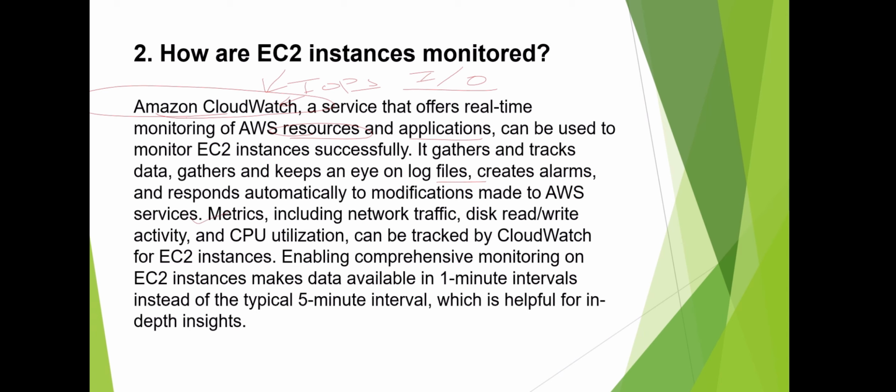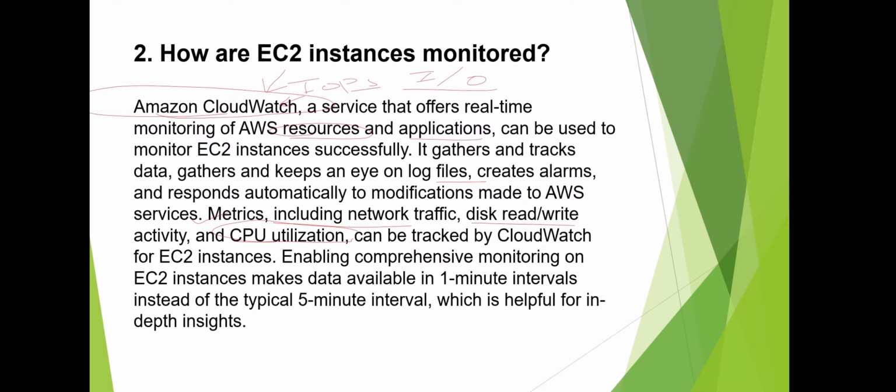If anything happens with our EC2 or EBS volume and we ask a colleague to check the logs, we can check them through CloudWatch metrics, including network traffic, disk read and write operations, and CPU utilization.